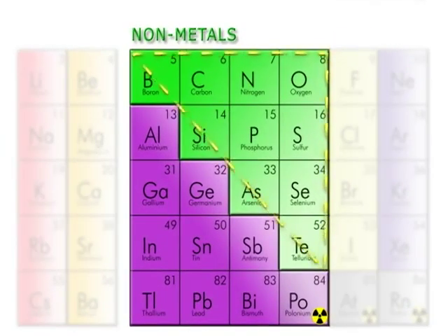The 10 commonly accepted non-metals are boron, carbon, nitrogen, oxygen, silicon, phosphorus, sulfur, arsenic, selenium, and tellurium. Now, what do they have in common?